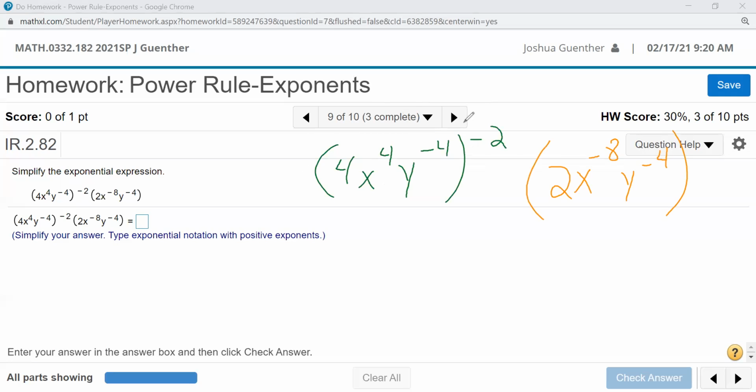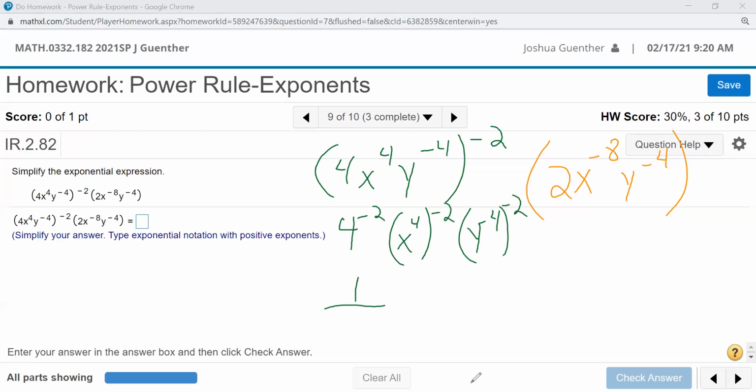Once again, this negative 2 applies to every individual term. It applies to this 4. It applies to this x to the 4 power. And it applies to this y to the negative 4 power. And so we have 4 to the negative second.